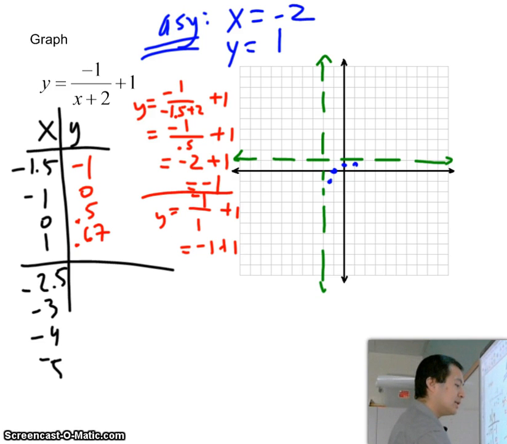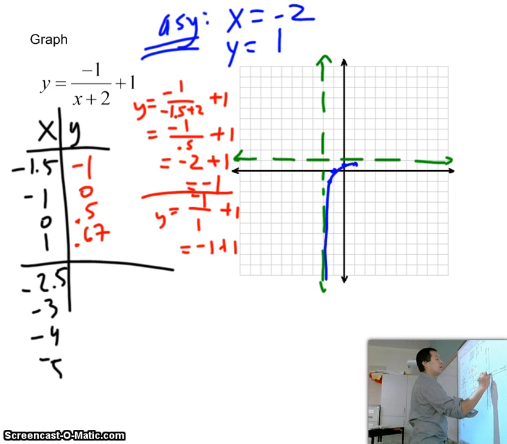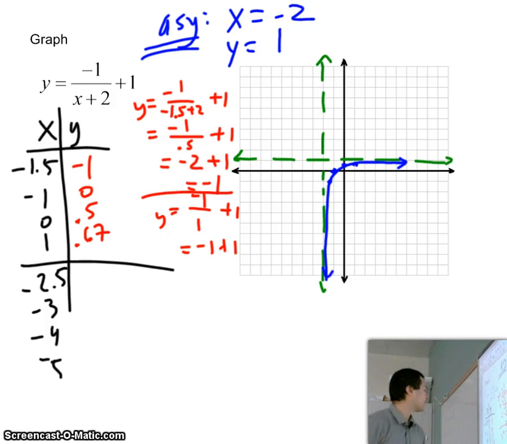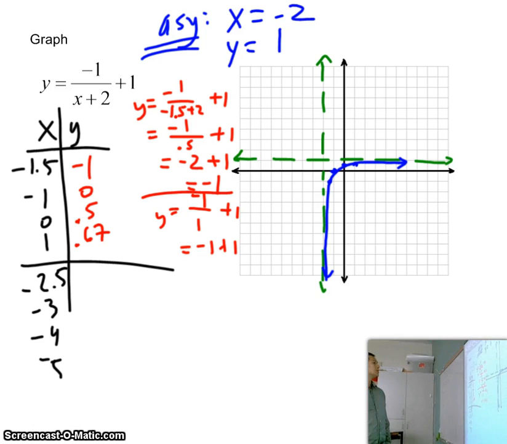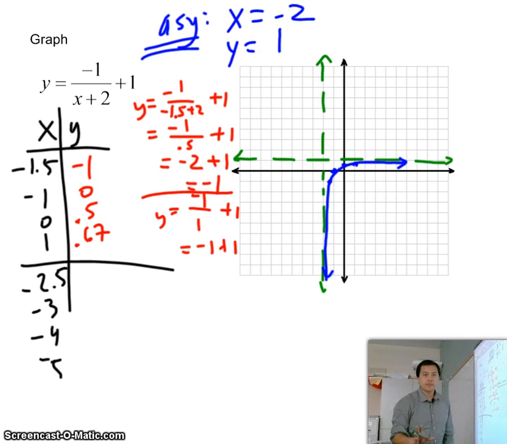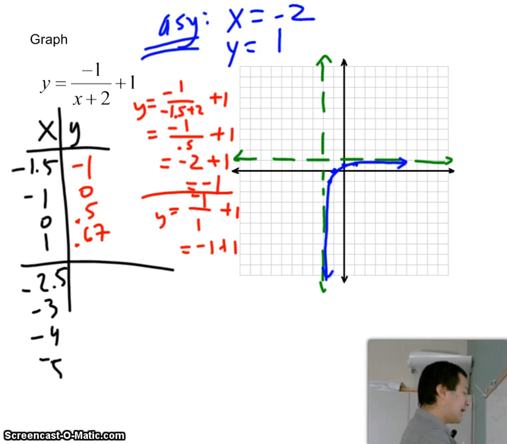Something's wrong, but let me double check that. So you see your curve there? 1/3 plus 1, 0.67. Okay, sounds good.